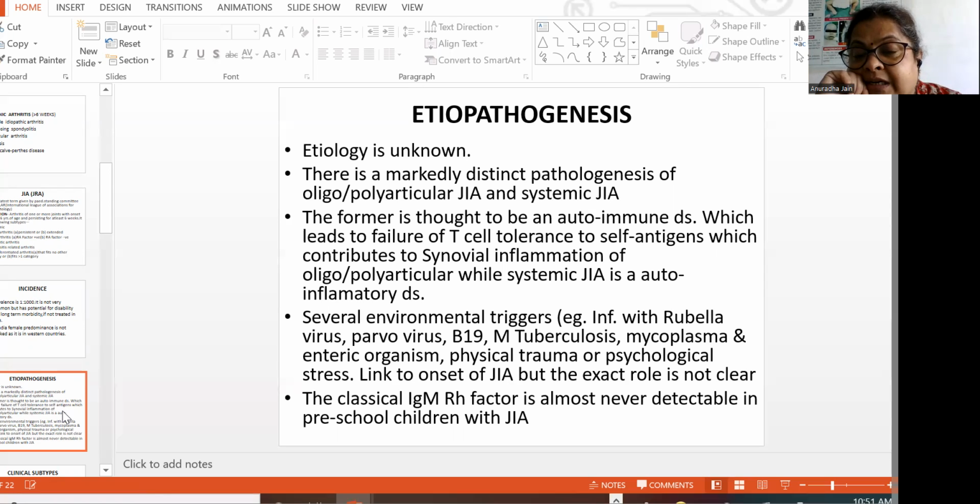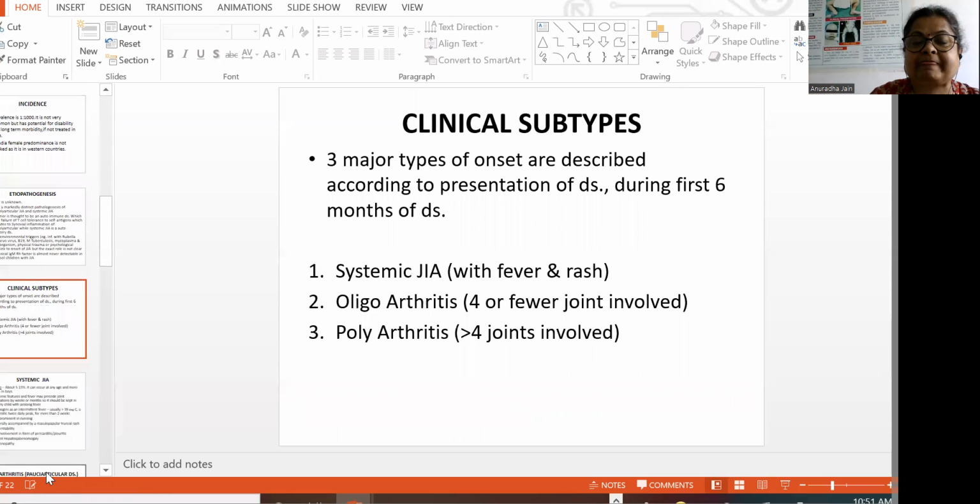Several environmental triggers like some viruses, tuberculosis, mycoplasma, or physical trauma or psychosocial stress may be linked to this. Third hypothesis: the classical IgM Rh factor is almost never detectable in preschool children with JIA, so this is also not supportive.